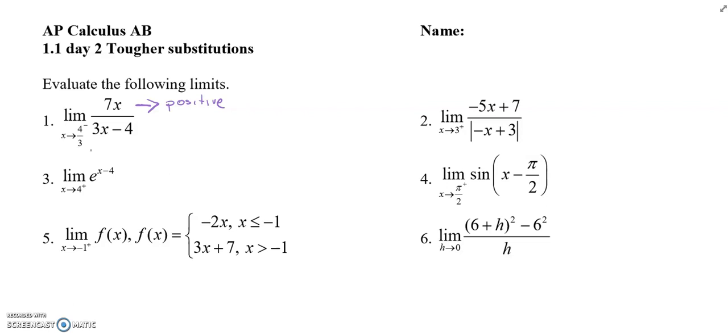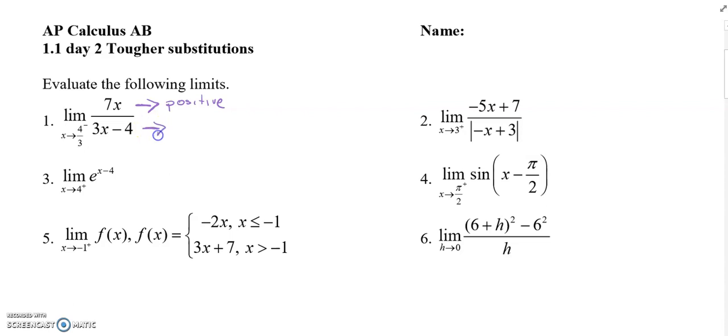I want you to pause the video and think about what type of value would occur if I put in a 1.3. If I put in a number like 1.3, 3 times 1.3 minus 4, I'm getting negative 0.1. The number in the denominator is getting smaller and smaller, which ultimately means my number is approaching either infinity or negative infinity.